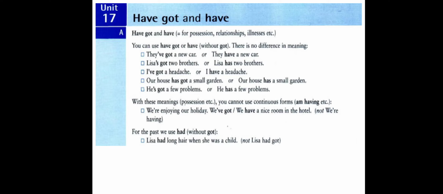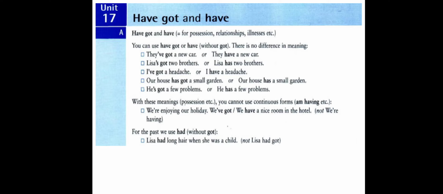So we say Lisa had long hair when she was a child. If you look at the part when she was a child, it means in the past. So we say Lisa had. We don't say Lisa have got or have long hair because it is in the past, and the past here is used in one part only.